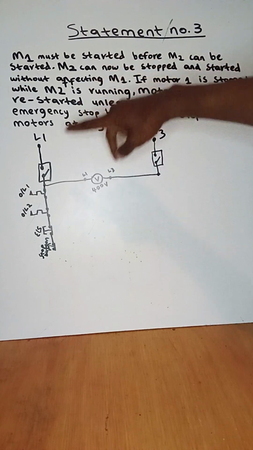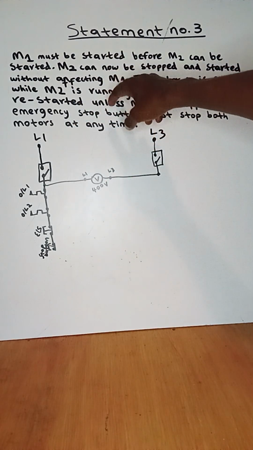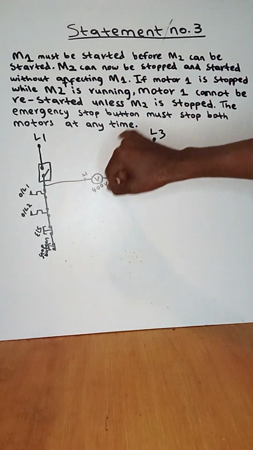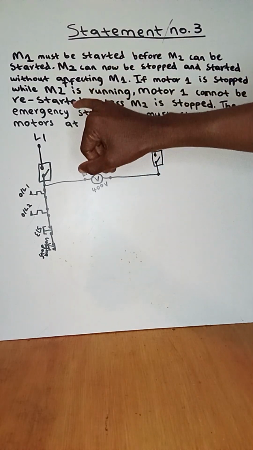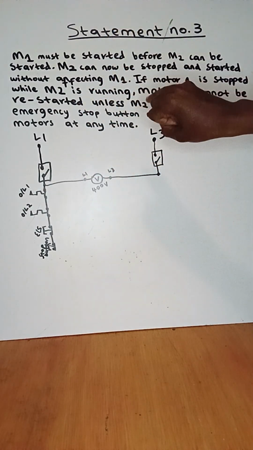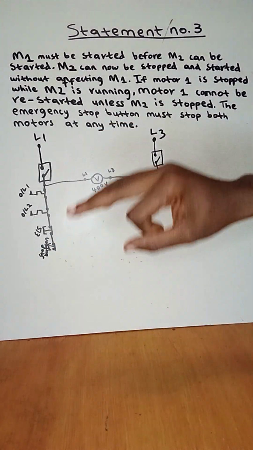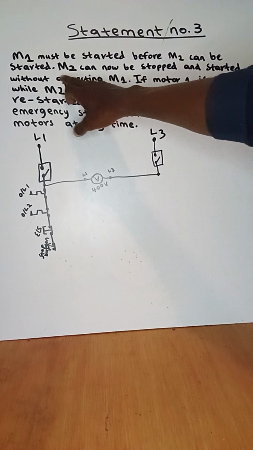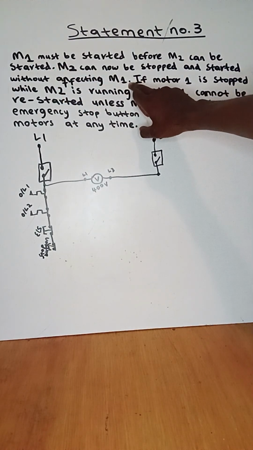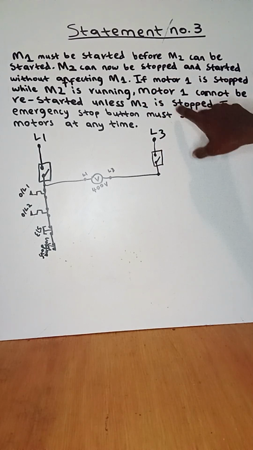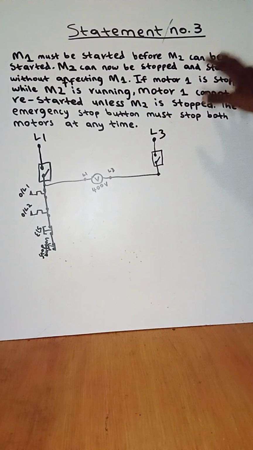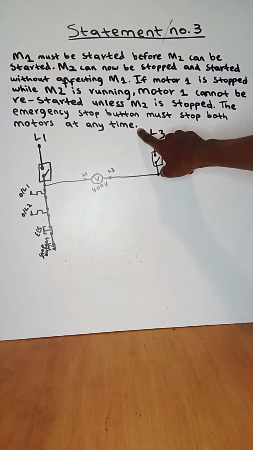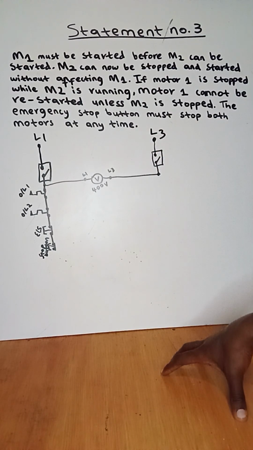These two statements are the same statements that we did in statement number 1 and statement number 2 of the sequence starters control circuit. So we will draw the sketch until statement number 2, and we will start explaining from statement number 3 all the way to the last full stop.